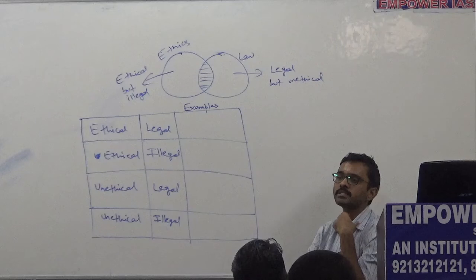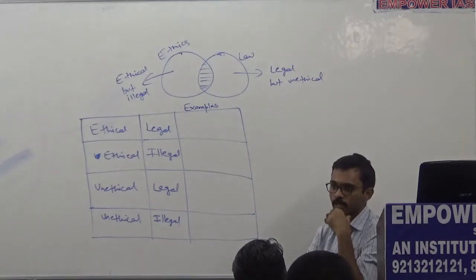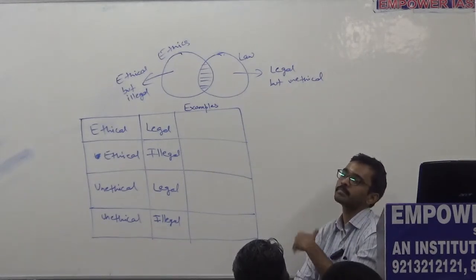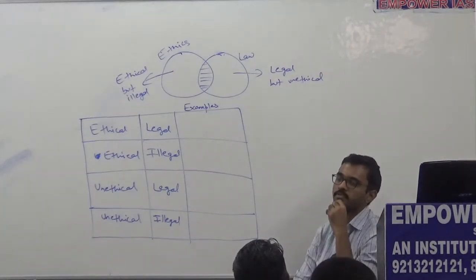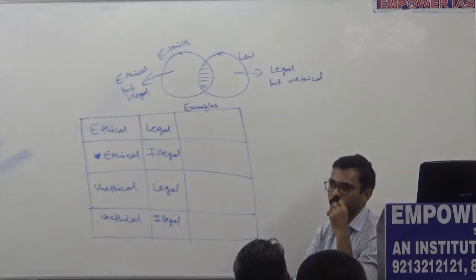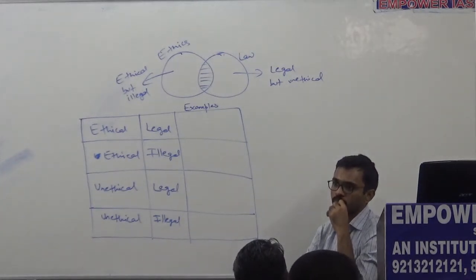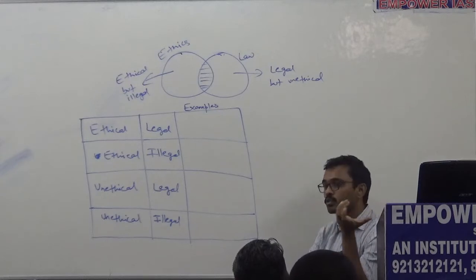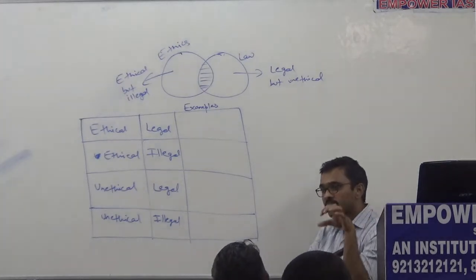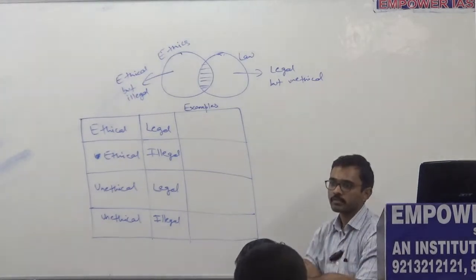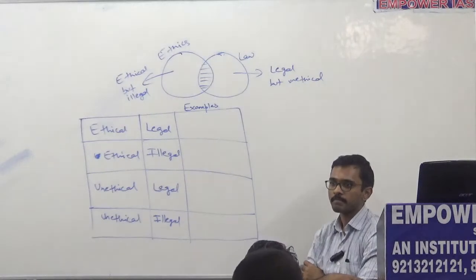RTI misuse is an exception, not the norm. In Section 66A of the IT Act, misuse was the norm. That's why it was struck down by the Supreme Court. So you'll have to consider only those acts where the negative outweighs the positive. Do you understand?